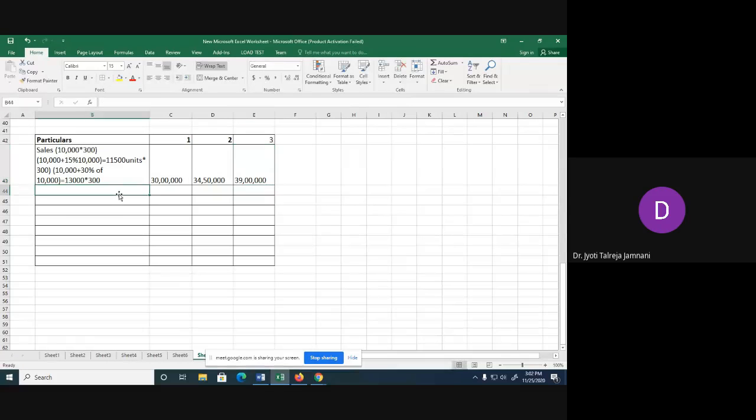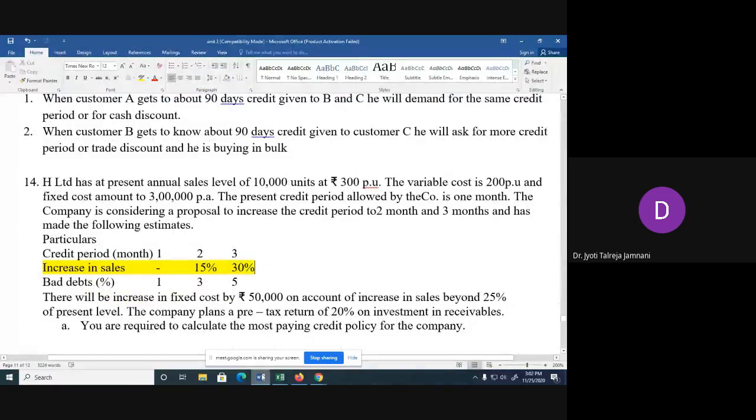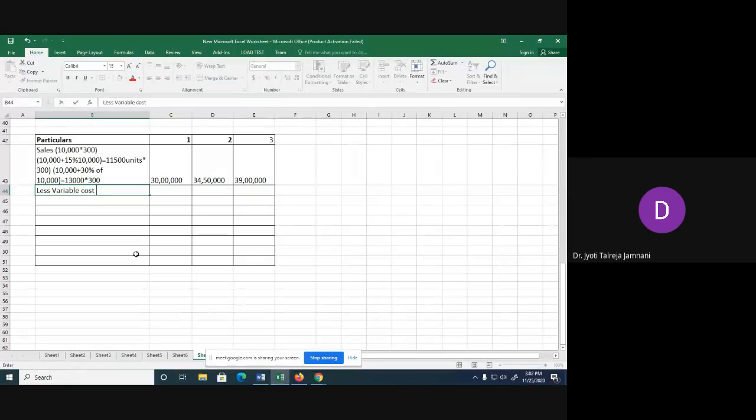From this we less the variable cost. See what they've mentioned. The variable cost is 200 per unit. So we'll take it here. In first case, we have 10,000 units. So 10,000 into 200. It comes to 20 lakhs.